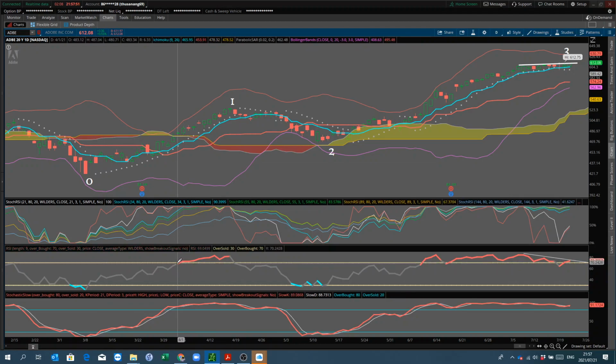Then there comes this scenario when the RSI crosses above its 70 line. That's when RSI stops acting as a trend signal. All the way from this bottom up there, the RSI could be used as a sign for trend.